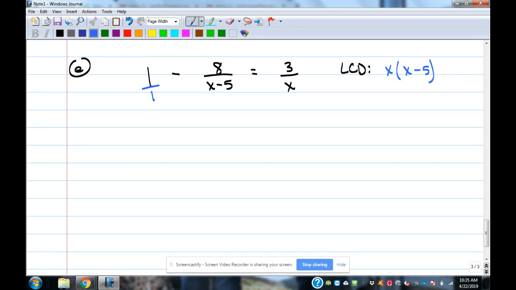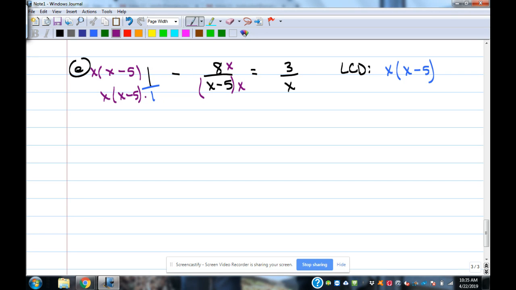So the first fraction needs what? Both of those. So I'm going to multiply it by x minus 5 on top and bottom. What does the second fraction need? X. So multiply bottom and top by x.